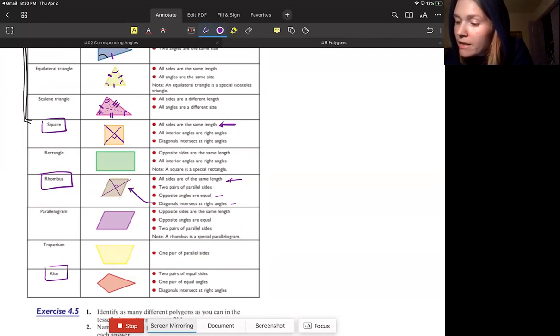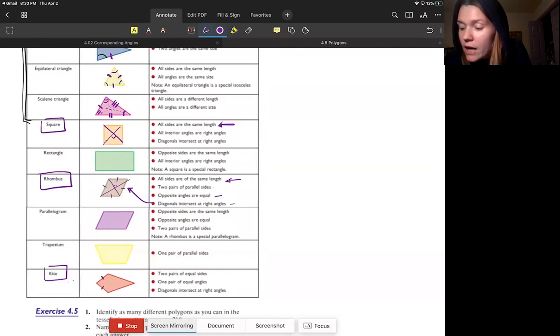Okay, and then the reason I want to compare these with a kite is because it is kind of like a rhombus, but you see how with the rhombus, all four sides are equal? Here, two of these sides are equal, and it's like these other two got kind of stretched and pulled out a little bit further. So that's why I like comparing squares, a rhombus, and a kite.